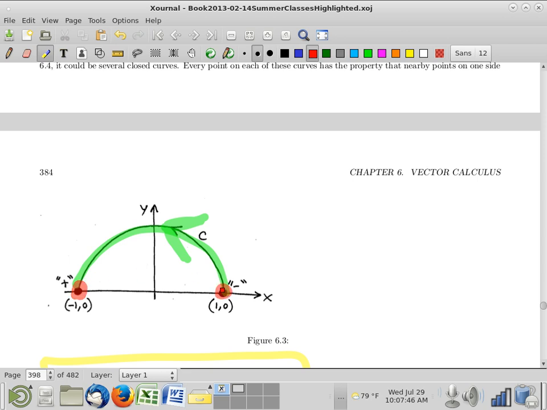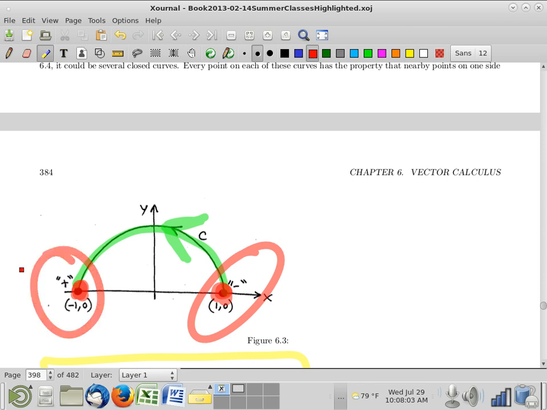I'm going to refer to this one here as the starting point because of the way the curve is going. I'm going to refer to this one as the ending point. So I've got a starting point and an ending point, and the choice is the starting point you orient with a negative, the ending point you orient with a positive. Arbitrary choice. Some nice consequences come from this, but nevertheless, it is an arbitrary choice. Highly standard. Is everybody on board?